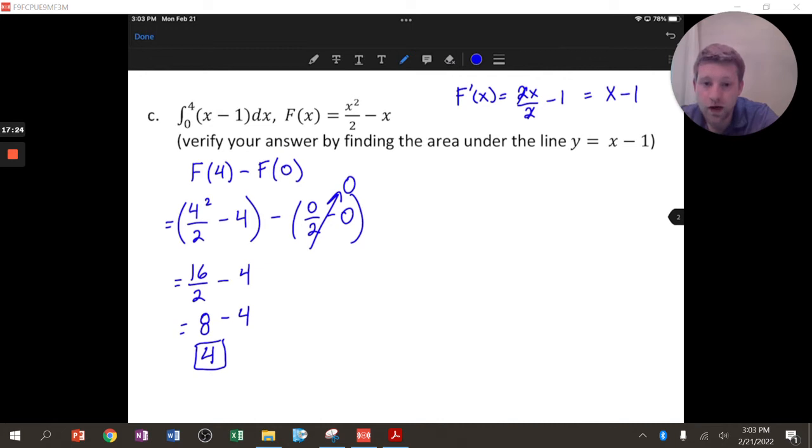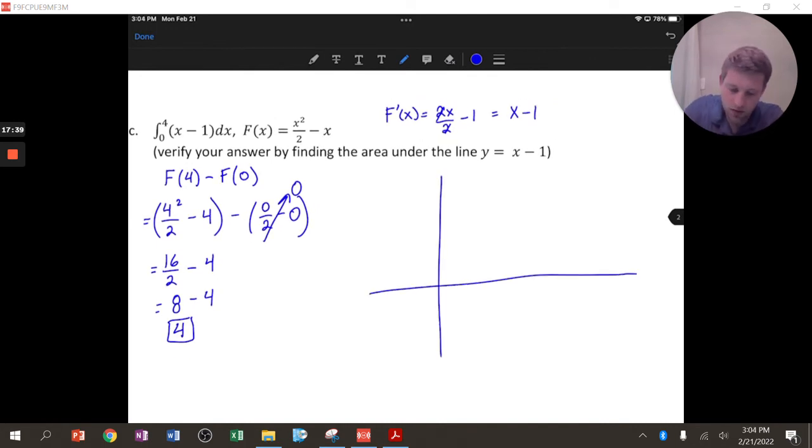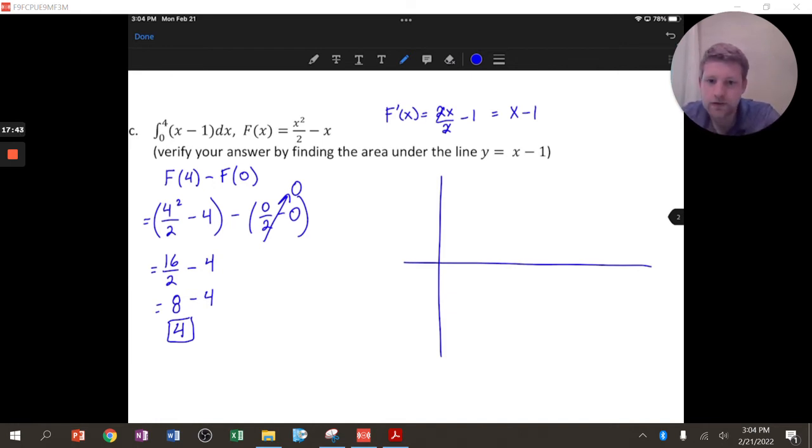So let's verify this one by considering the area under the line y equals x minus 1 from 0 to 4. I think this would be a good exercise to consider what we just found. We'll try working with a graph here and consider, again, the interval from 0 to 4.